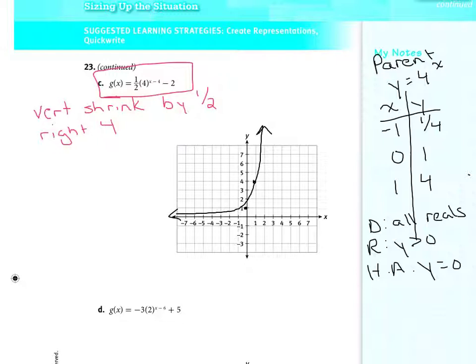And the minus 2 at the end moves us down 2. So if we start with 4, take half of it, we're at 2, down 2, and right 4. Half of 1 is a half, down 2, and right 4 puts us here.